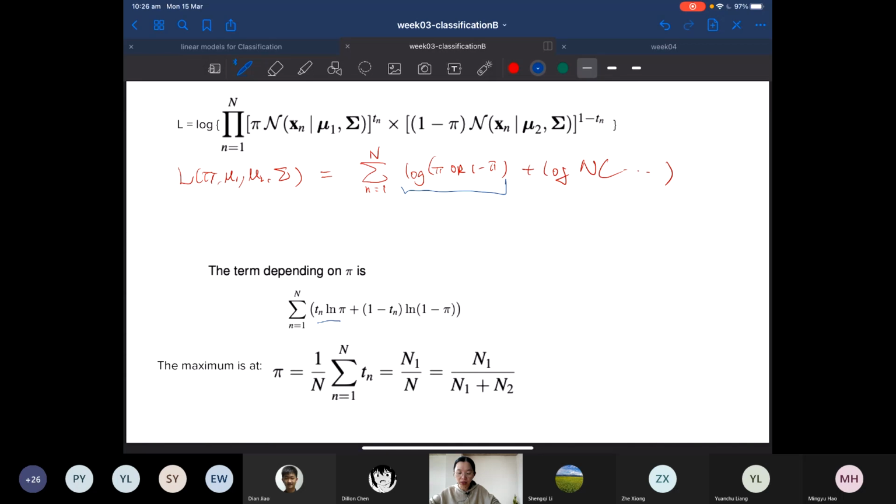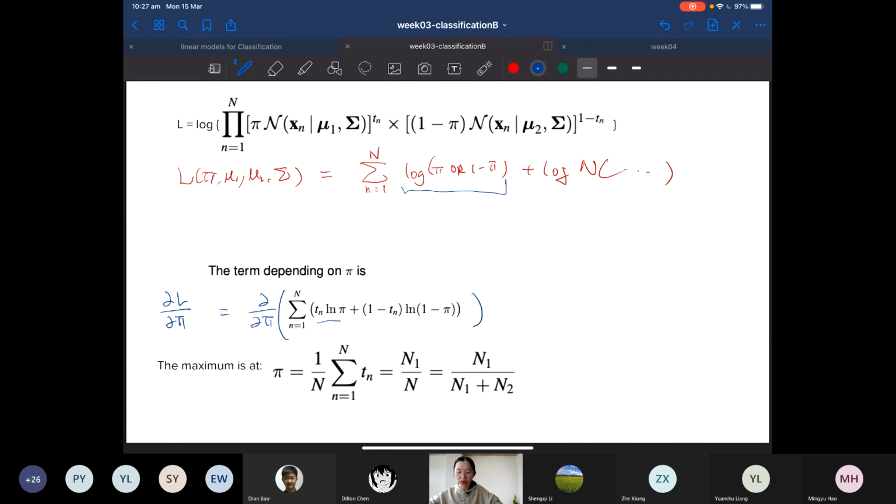So that's good. And if we're doing the derivative of L with respect to pi, then what we need to do is to only take the derivative with respect to this term there.